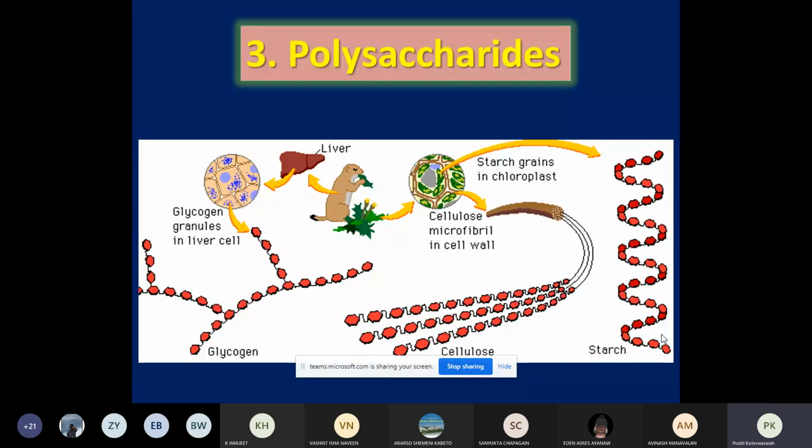So in today's morning class, we discussed the polysaccharides, and we said initially that these polysaccharides are long polymers, and several monomeric units are connected by glycosidic bonds. These polysaccharides are also called glycans. Low molecular weight polysaccharides are water soluble, whereas high molecular weight polysaccharides are water insoluble.